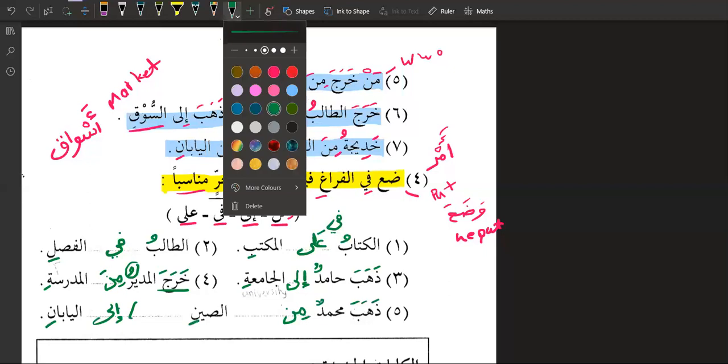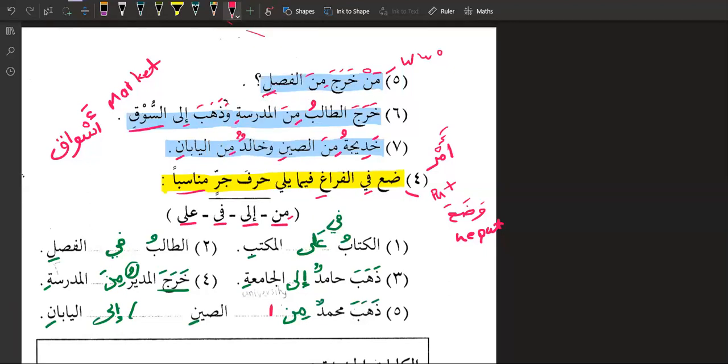So we could also say ذهب محمد إلى الصين من اليابان. They both make sense. Muhammad went from China to Japan, or Muhammad went to China from Japan. So كلاهما صحيح. Both of them are correct.